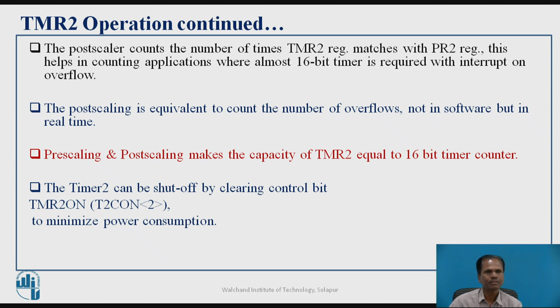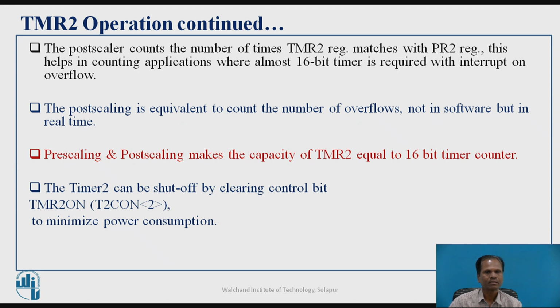So using the 8-bit timer TMR2 only, we can perform 16-bit operation without changing the initial value loaded in period register and TMR2 register, as well as input clock frequency. With the use of postscaler, we can increase the capacity of timer 2. So postscaling is equivalent to counting a number of overflows, not in software but in real time.